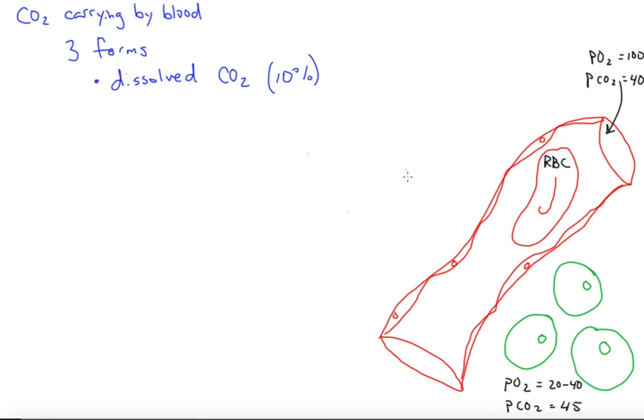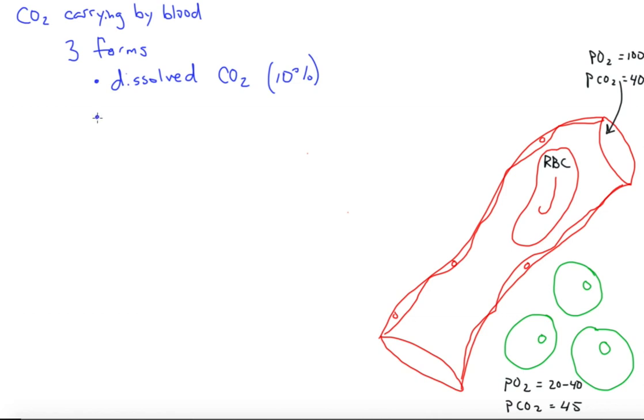And again, these are approximate values, and they differ a little bit based upon where you are in the bloodstream, because different areas of the bloodstream have different amounts of carbon dioxide in it. And again, as we'll see in a moment. All right, so the dissolved CO2 is carrying a reasonably significant fraction.